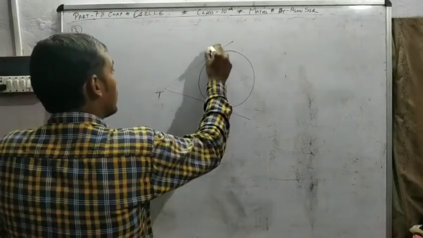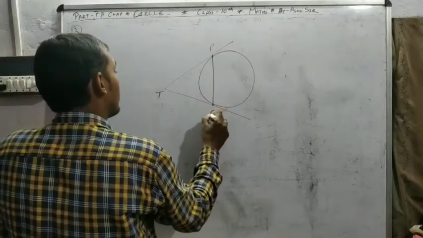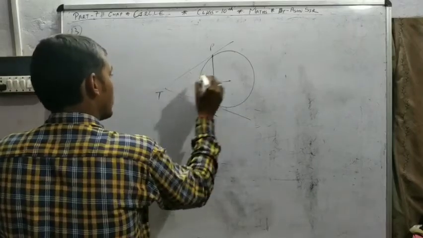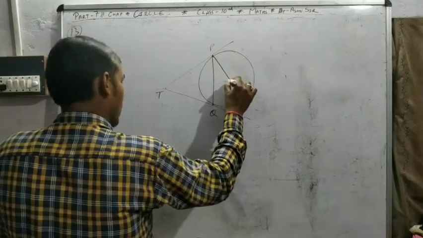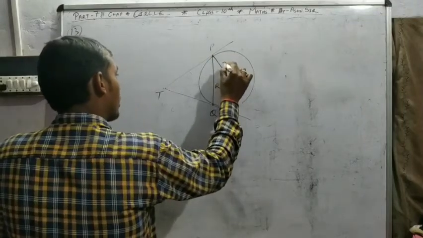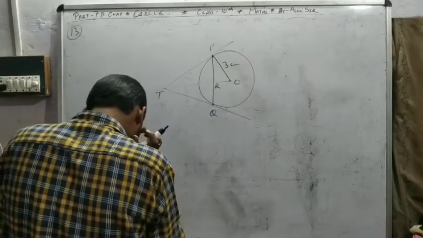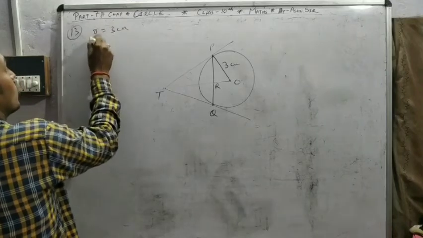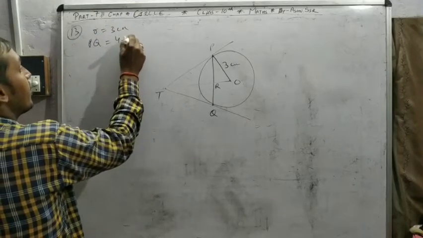PQ is the chord, and the tangents at the end points P and Q intersect at T. O is the center, and OT intersects PQ at R. PO is the radius, 3 cm, and the chord PQ is 4.8 cm.